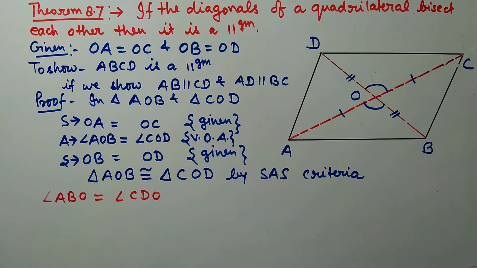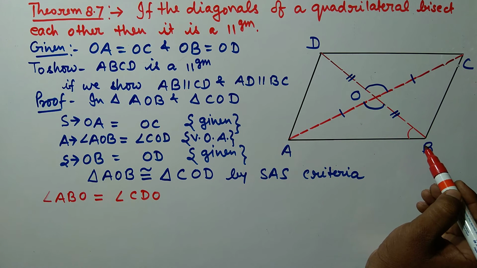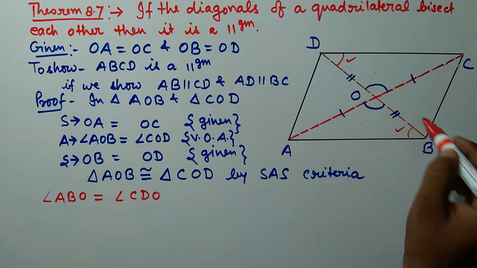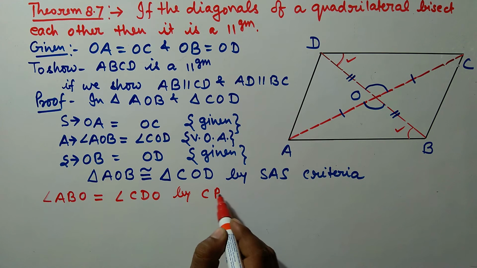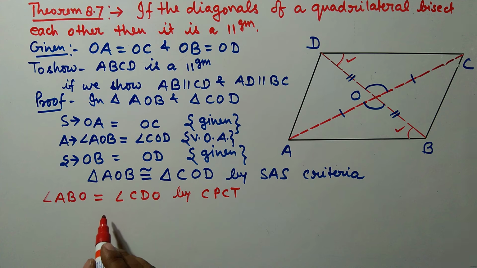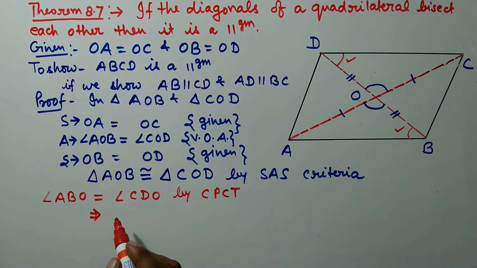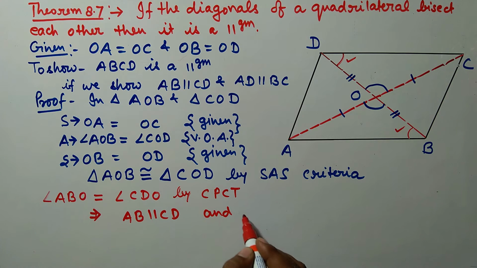Taking A, then B, then O, we get ABO. ABO means this angle and CDO means this angle. This angle is equal to this angle by CPCT, and this implies that AB is parallel to CD.